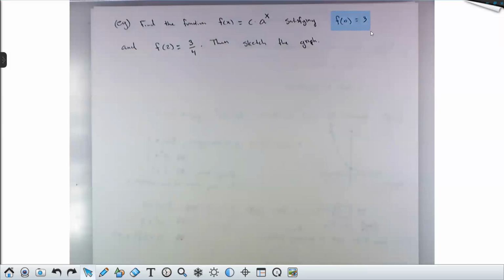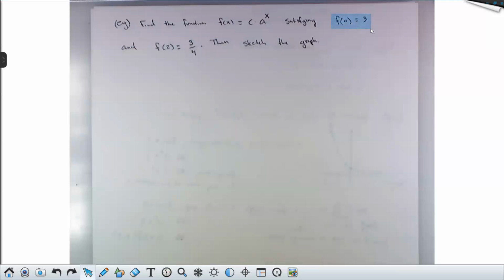The 2 bits of information I have, just like the 2 points from the previous problem, are this and this. Really, the only information I have here is this and this. So we better make use of that.